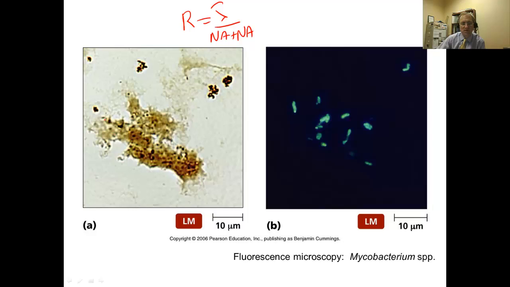And when we switch over to fluorescence microscopy, the chemical reacting with the bacteria in here begins to fluoresce or glow. It glows when we use ultraviolet light. The ultraviolet light hits the microorganism, hits the chemicals on the microorganism, and visible light is emitted.